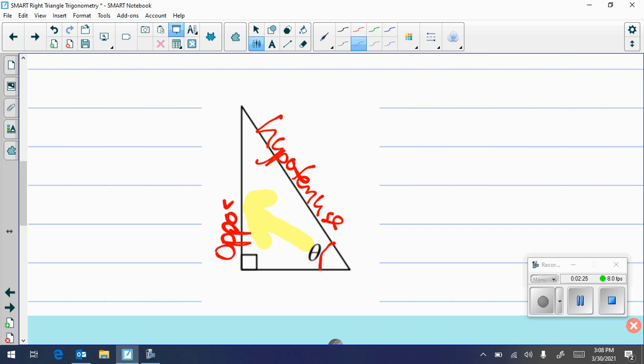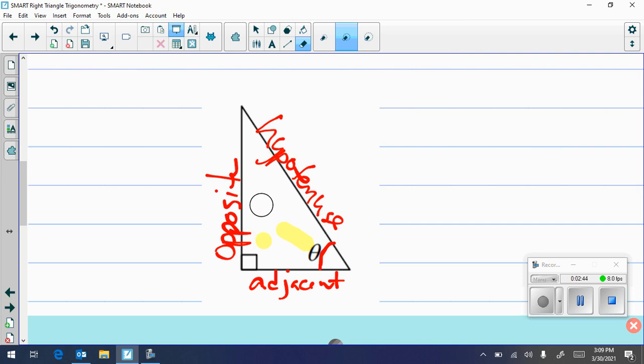So this one is opposite, and this one is adjacent. Notice that technically the hypotenuse is also adjacent. It's touching as well, but it's already labeled the hypotenuse. So the adjacent is the leg, not the hypotenuse, the leg of the right triangle that touches the vertex of the angle that you have labeled as theta.